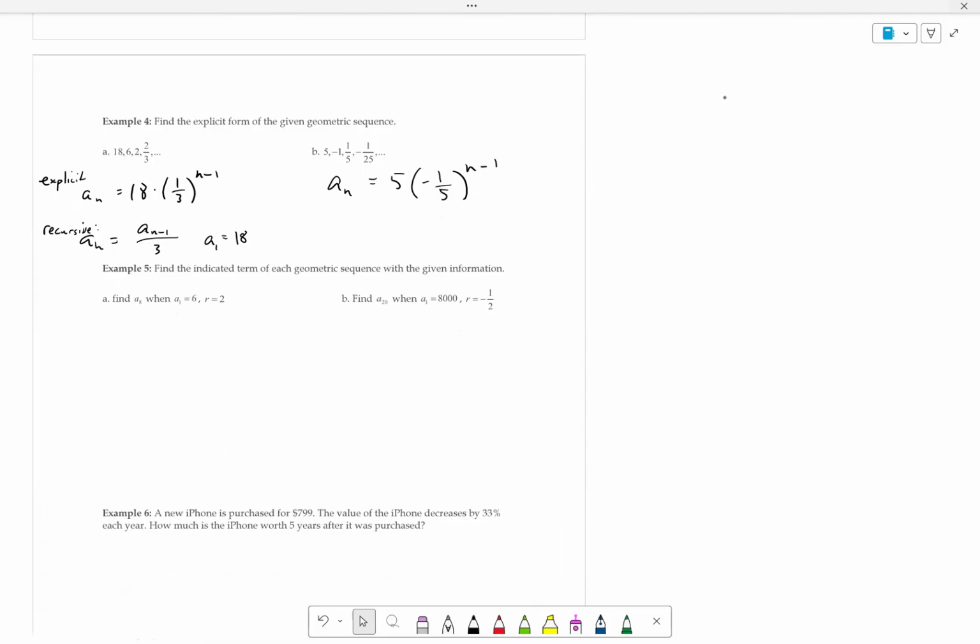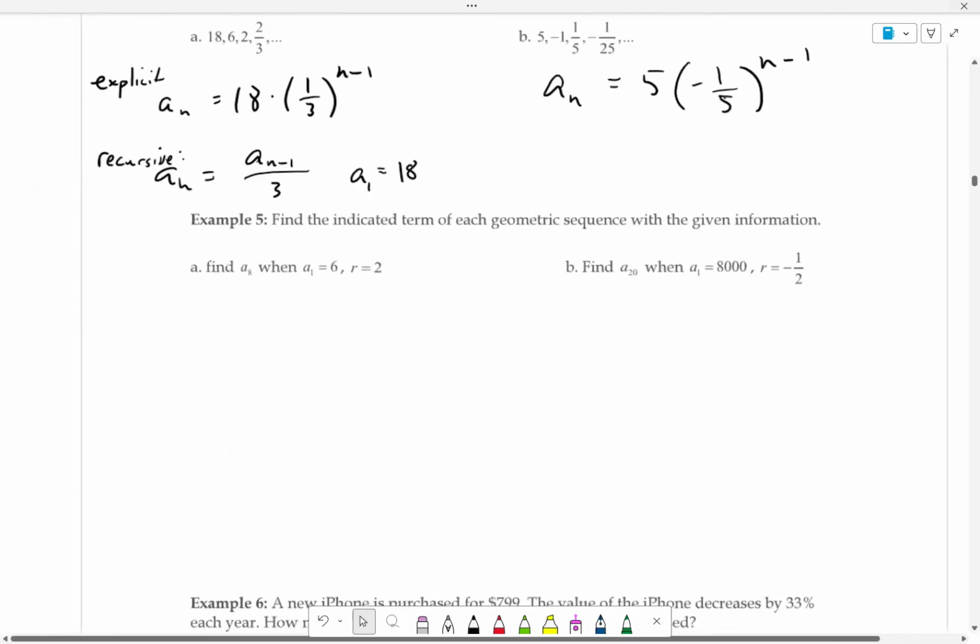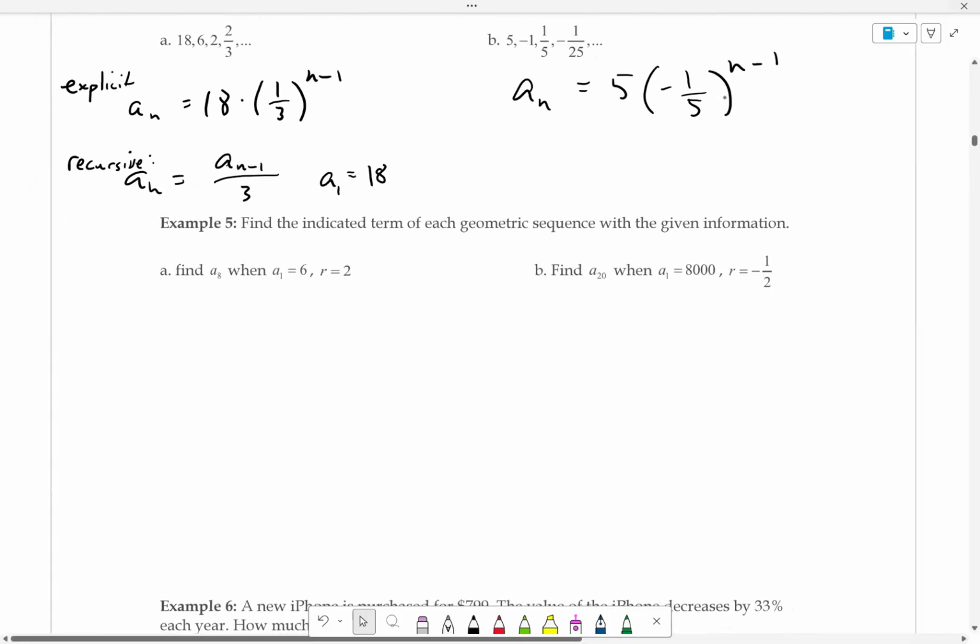It's too crazy to leave it in calculator-ready form. Something for A and B, pretty soon you should have answers.